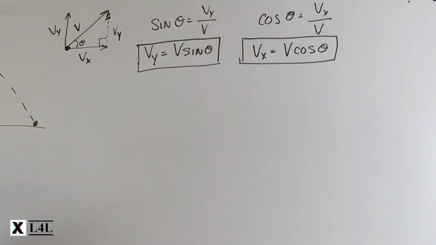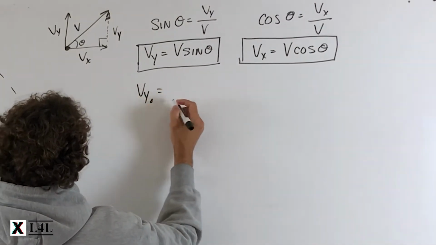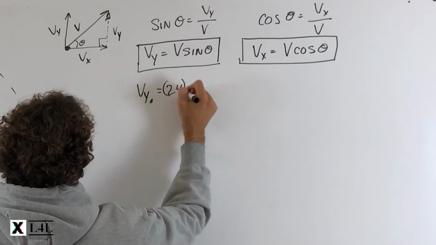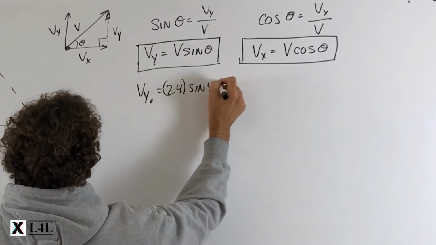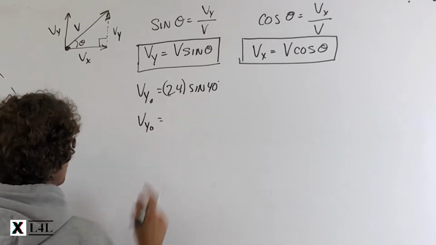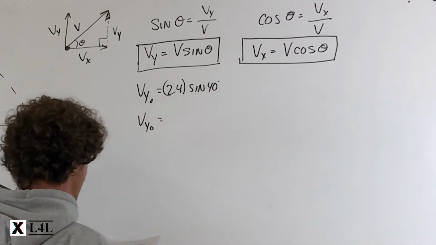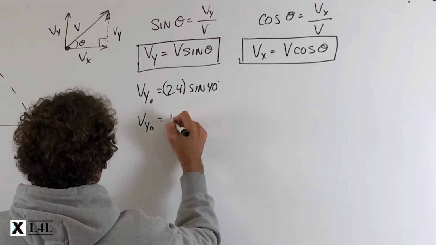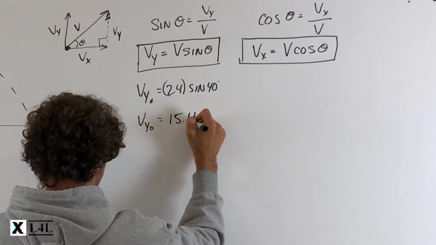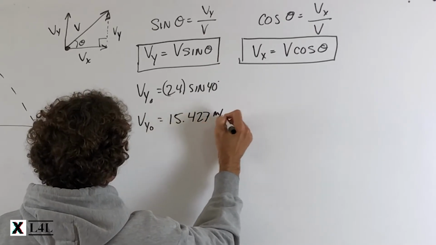Again, these are the initial vertical and horizontal velocities. So v sub y initial is going to be 24 times the sine of 40 degrees, which is equal to 15.427 meters per second.